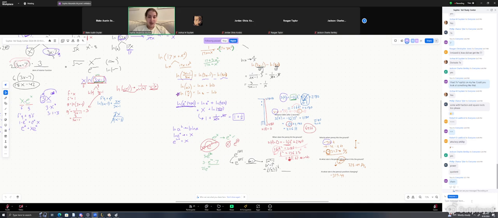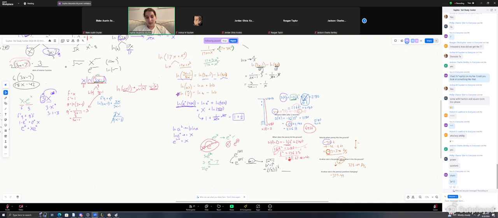Can someone tell me what the derivative here is? So we're going to look at this inner function, and bring that 3 down and subtract 1. And of course, this minus 1 disappears because it's a constant.